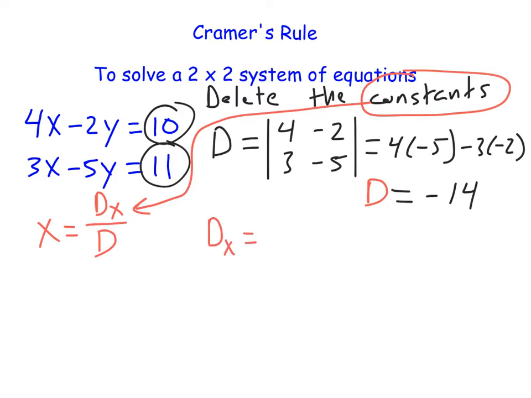Here's what the D sub x looks like. Normally I would put 4 and 3. Those are the coefficients for x. Instead, I go 10 and 11. The y's just stay the same.